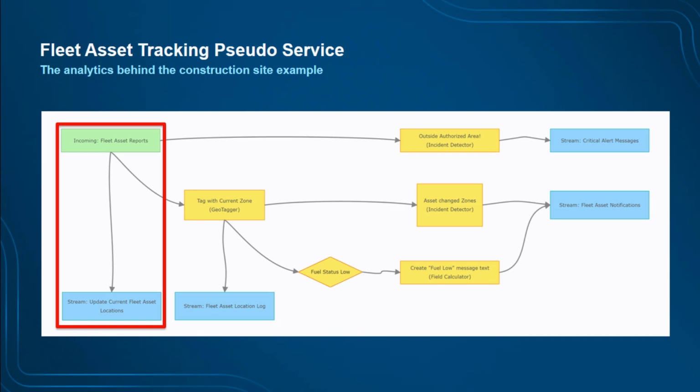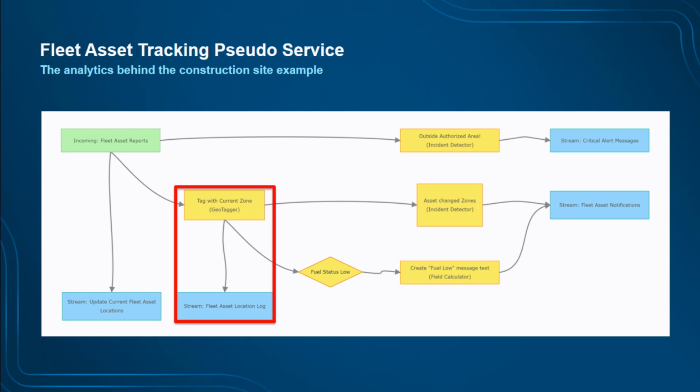And this is what updates the map with the current location of a vehicle. Other portions of this service tag the vehicle message, tag that GeoEvent with the portion of the construction zone, the individual sub-area that the vehicle is currently located in, and then sends that message on. And then it provides our breadcrumb trail of history, so we can always go back and look at where a vehicle was at a certain time and what zone it was in.